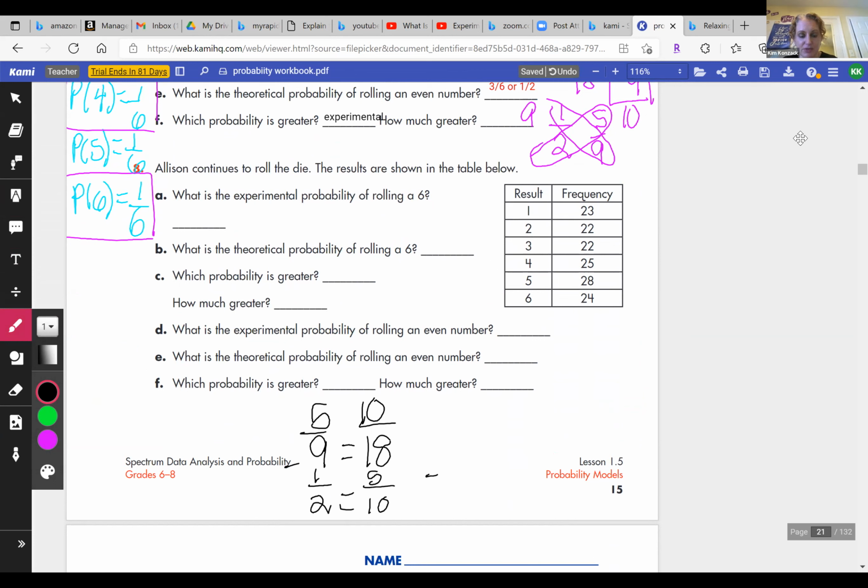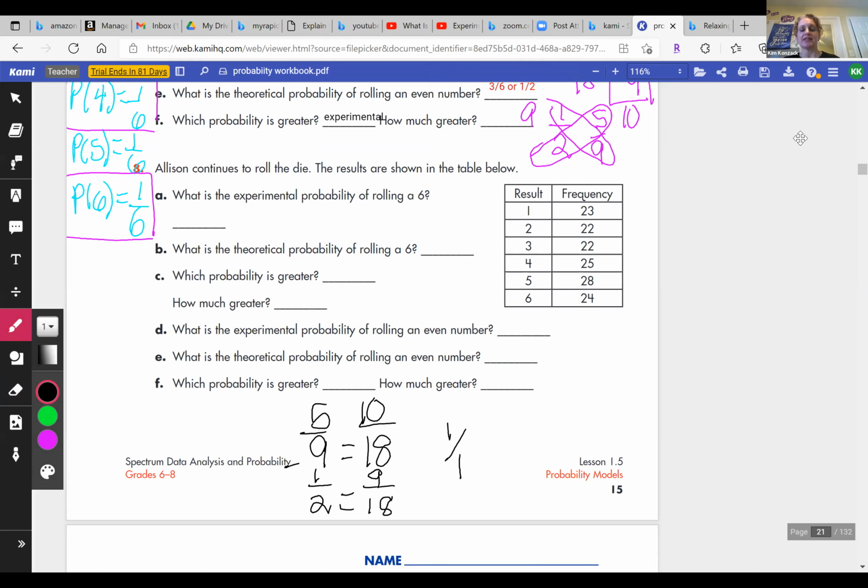Sorry, there should be an 18 down there. Let me use my little eraser. Okay, here we go. 5/9 is 10/18, and 1/2 is 9/18.